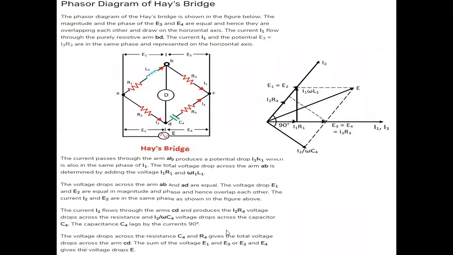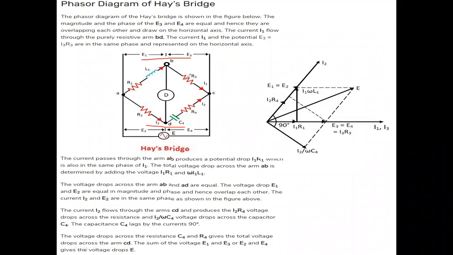At what particular instant is the bridge balanced? The bridge is balanced when the EMF drop across E1 is equal to E3 and E2 is equal to E4. At that instant, the bridge is in a balanced condition. And secondly, the bridge is balanced if the current I1 is equal to I2 and I3 is equal to I4.